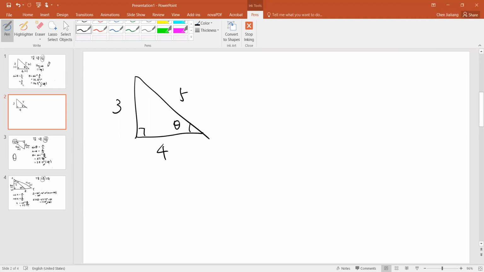Okay, very nice. Hypotenuse is always the longer side of the right angle triangle. It will be the side that is facing the 90 degree. So based on this triangle, which side is the hypotenuse? The 5. Okay, so we will label it here.